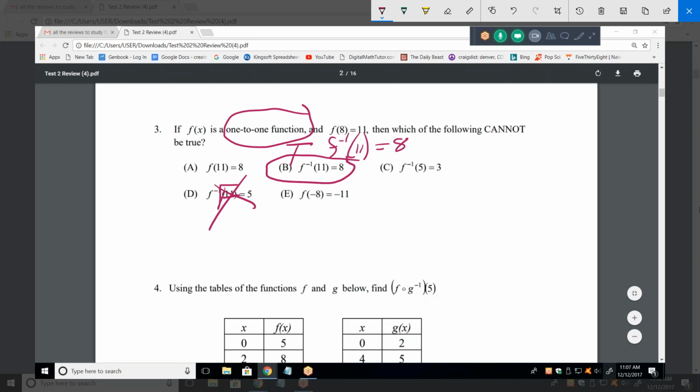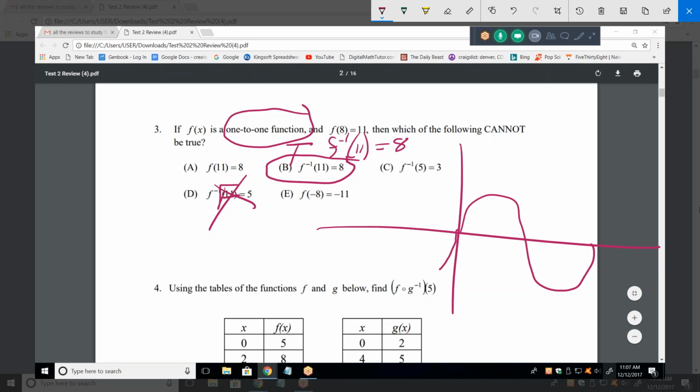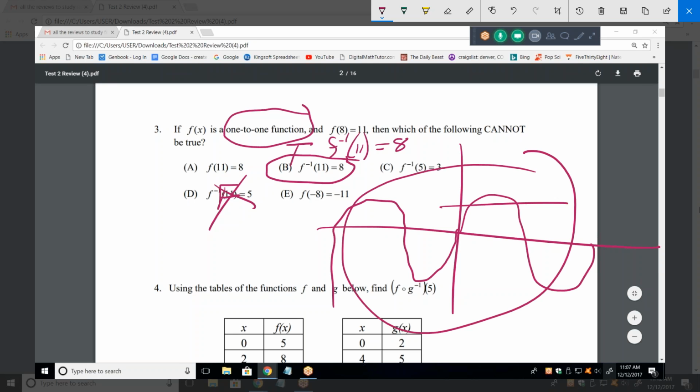So even if you have something like a sine curve, that's clearly not one-to-one, okay? It passes the vertical line test, but it doesn't pass the horizontal line test. So the way they allow themselves to talk about the inverse is by restricting the domain of the function from minus pi over 2 to pi over 2.